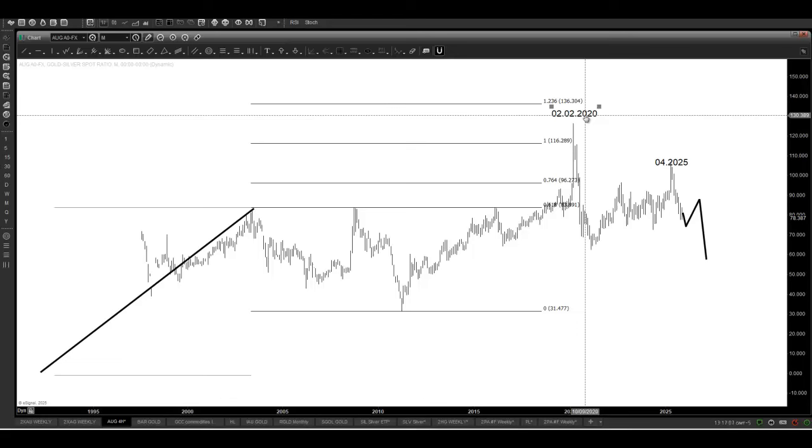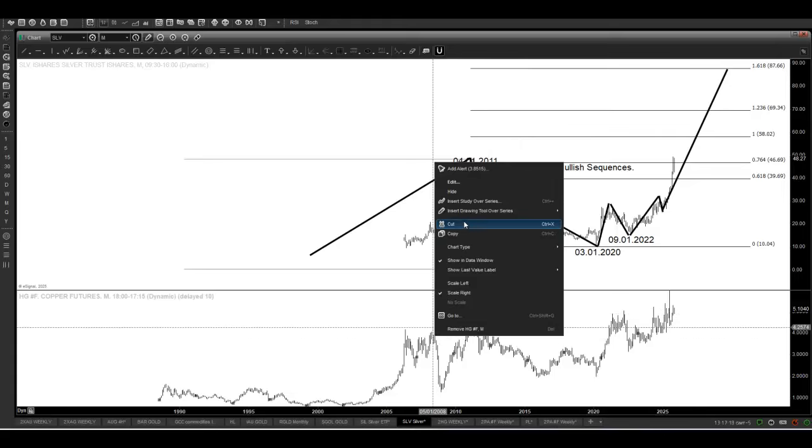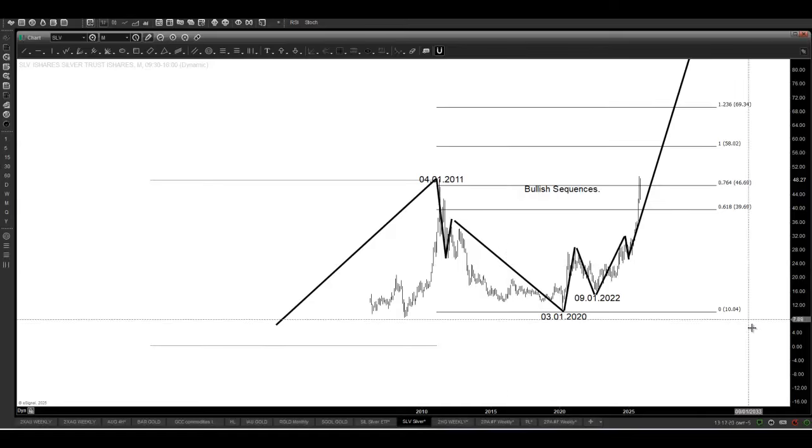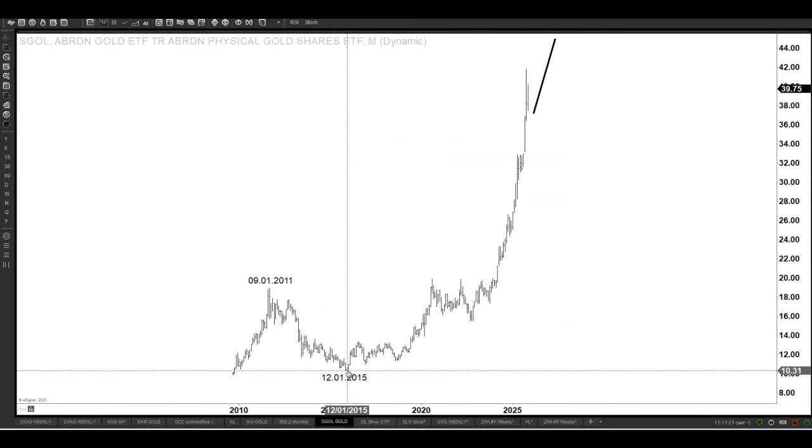Until 2020, silver was lagging gold. That's why you see a deep correction here on this silver ETF and not that deep correction in the gold ETF. Gold bottoms first, then silver.